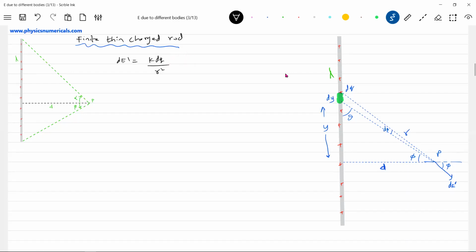Now in vector form, dE bar should be equal to dE dash cos phi i cap minus dE dash sin phi j cap. dE dash we can write as k dq by r square cos phi i cap. This is the resultant dE bar. Further, what is dq? Lambda into dy.